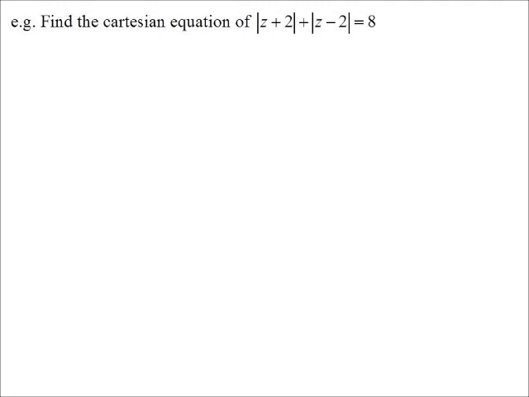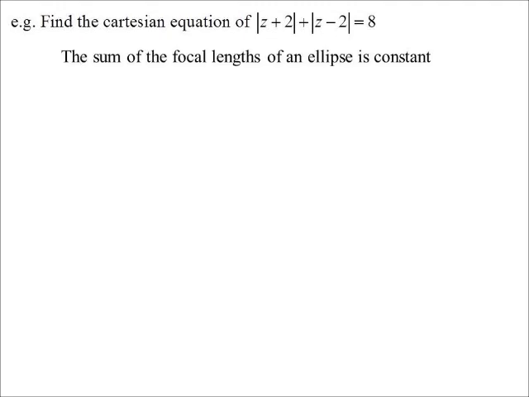Modulus of z plus 2 plus the modulus of z minus 2 is equal to 8. It's an ellipse. Because what we're saying, let me just draw a picture here to the side. Z is some random point.